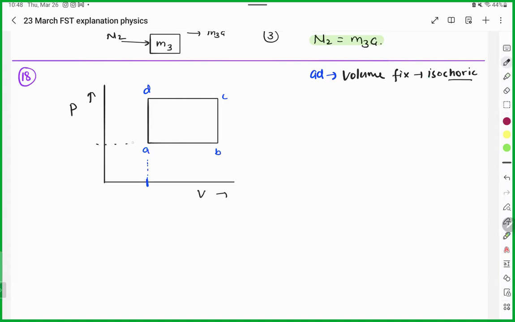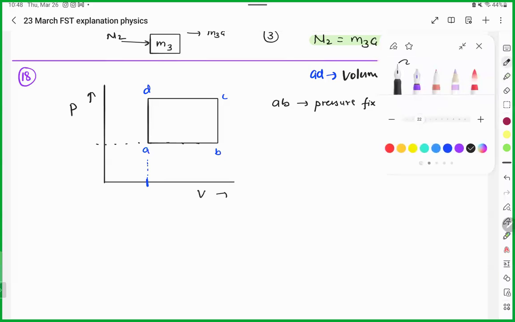A to B, you know pressure is fixed, then it is an isobaric process. Isobar means same pressure. Isochore means same volume. Correct? We have two more processes.